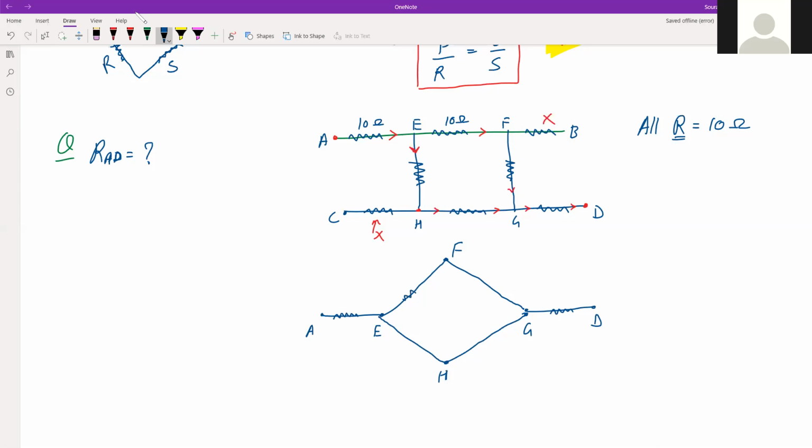And what do we have here? We have the same resistors. So it is actually a very simple question. All of these are R: this is R, this is R, this is R, R, R, and R.